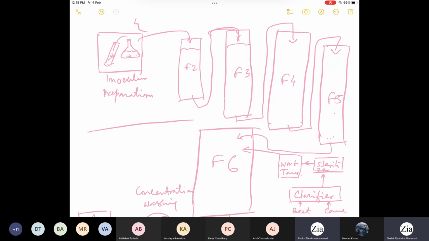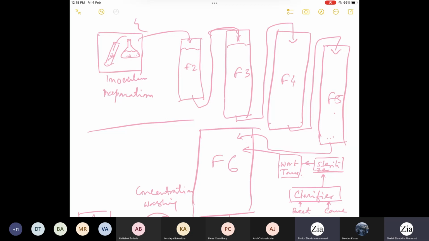At the end, when you run the final reactor system, you have the option to choose whether you will go for fed batch or continuous mode. That depends on the kind of final product you require.